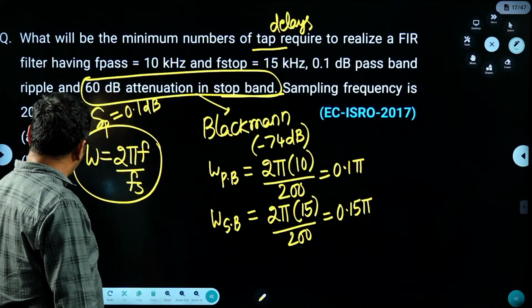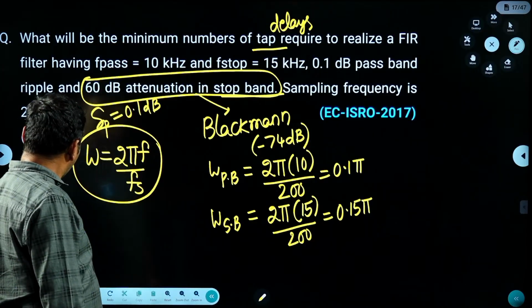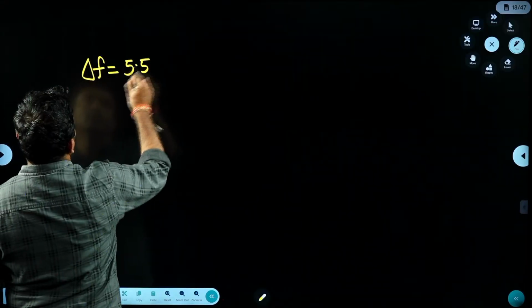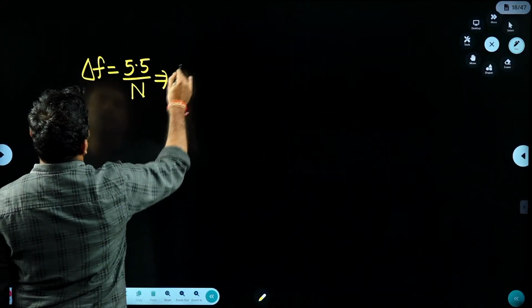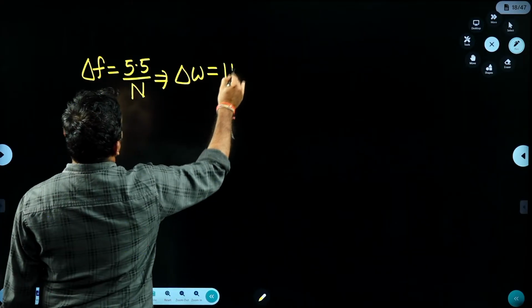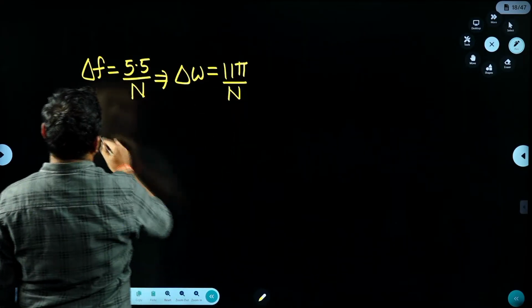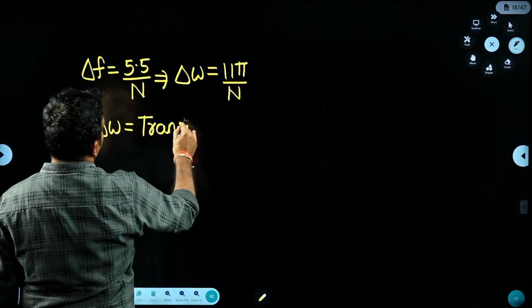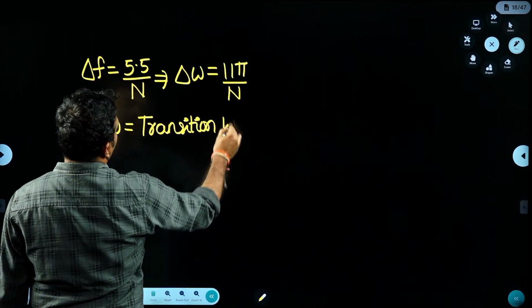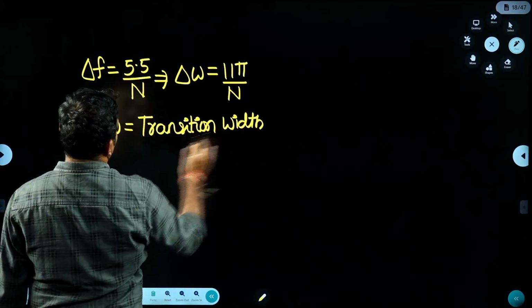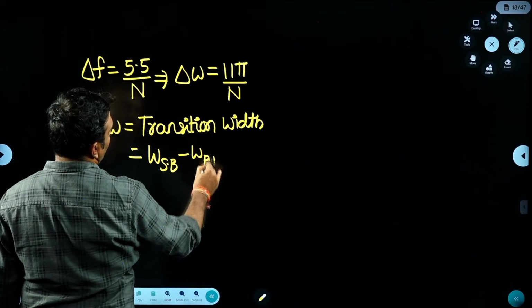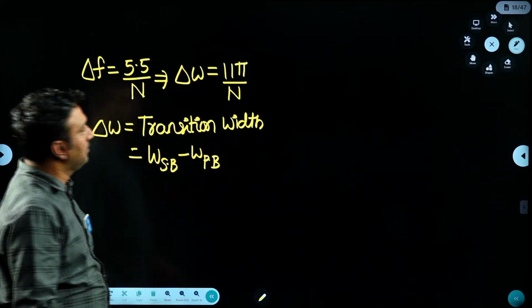To get the order, what is the formula? Del f is 5.5 by n. So del omega is nothing but 11 pi by n. Del omega is the transition width, which is nothing but omega sb minus omega pb.